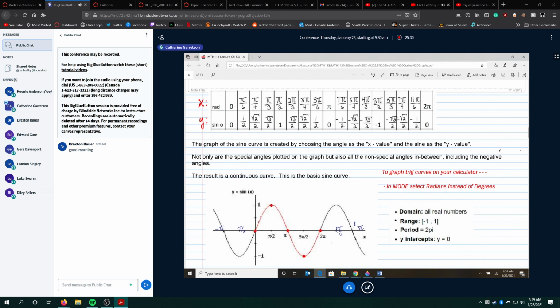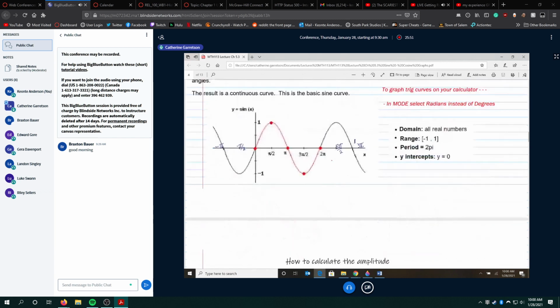So it took 2 pi to go through all the values. So the period is the horizontal distance before the graph starts repeating the same shape over again. That's just in common everyday language. So that's your basic sine graph.